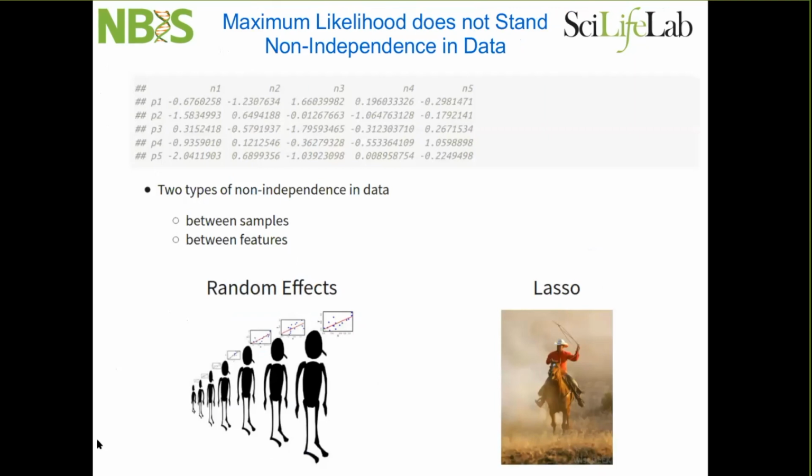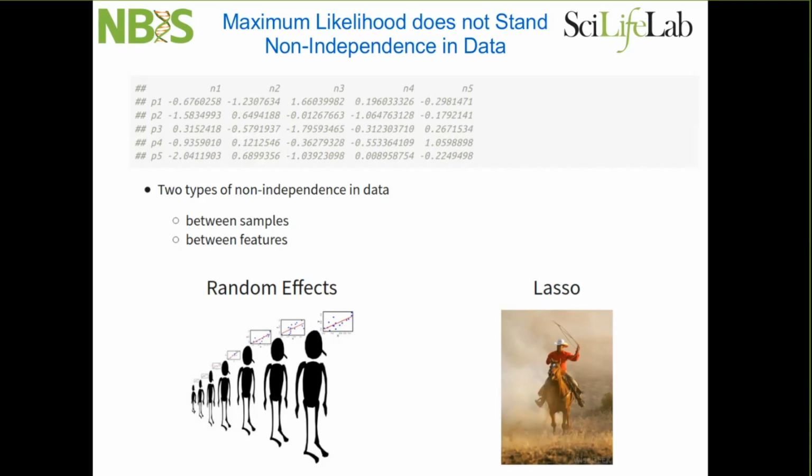Another reason why you want to do feature selection boils down to the disadvantages of the maximum likelihood approach. It's commonly used. However, one needs to remember that maximum likelihood doesn't really work when you have some sort of non-independence in your data.